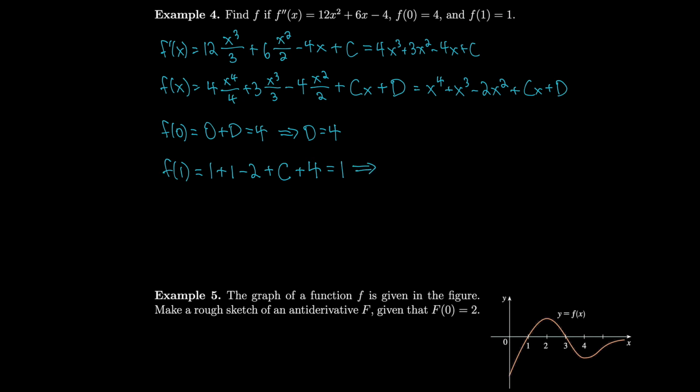Okay, solving for c, this implies that c is equal to minus 3. So now we have our function f. F must be equal to x to the fourth plus x cubed minus 2x squared minus 3 times x, because c was minus 3, plus 4 because d was plus 4.